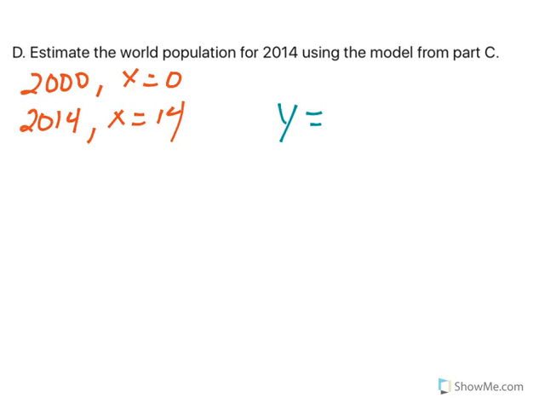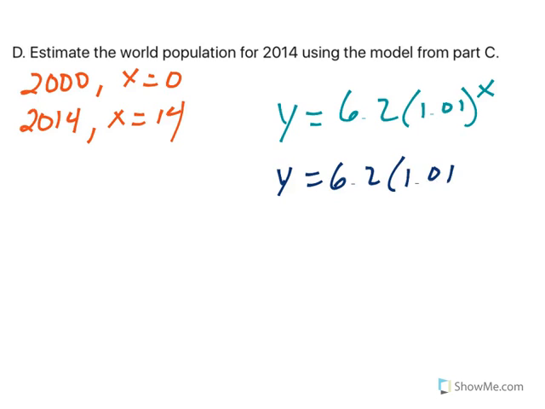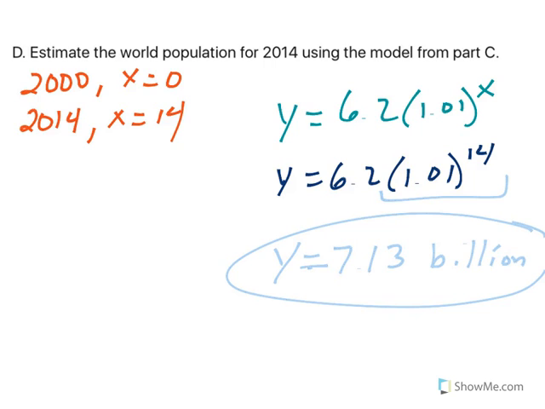So in my model, y equals 6.2 times 1.01 to the x. I need to plug in 14 for x. So y equals 6.2 times 1.01 to the 14th power. I do the exponents first, then multiply by 6.2, and I'm going to round to 7.13 billion. And that would be the estimated world population. Again, it's an estimate. Using these models are estimates for 2014. And that, my friends, is the end of your intro to exponential growth.